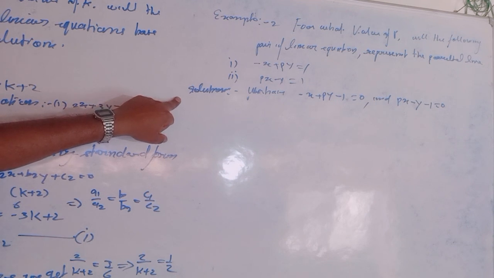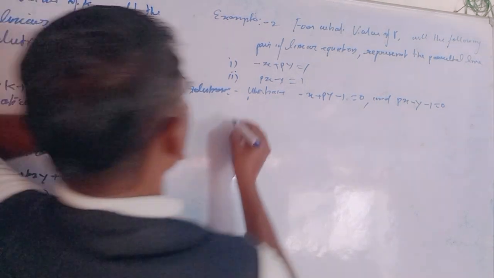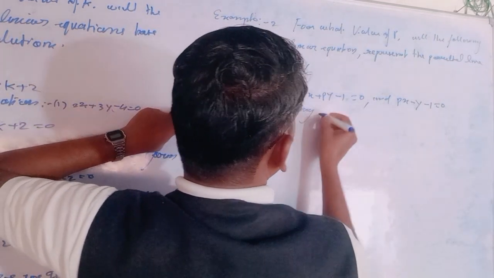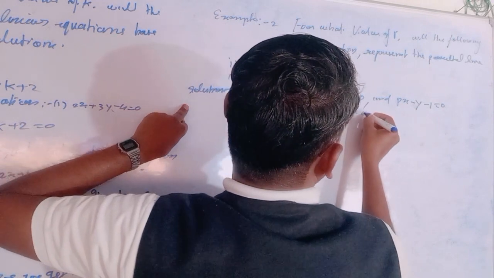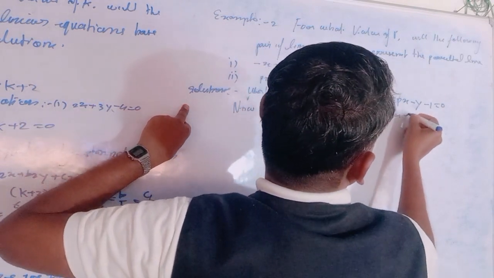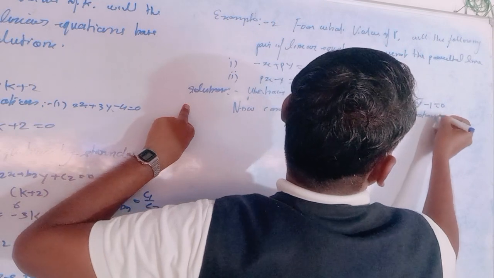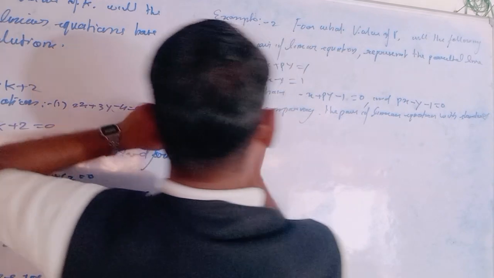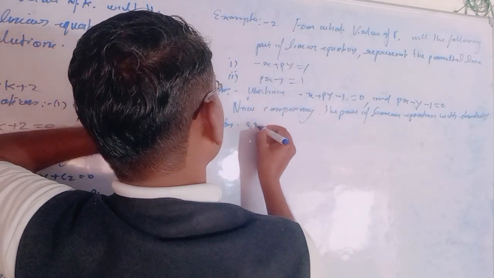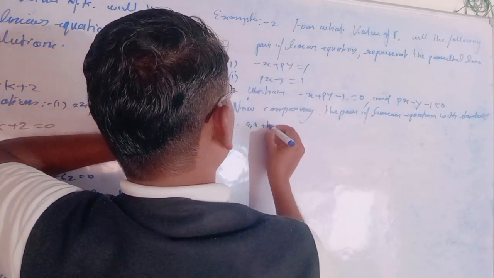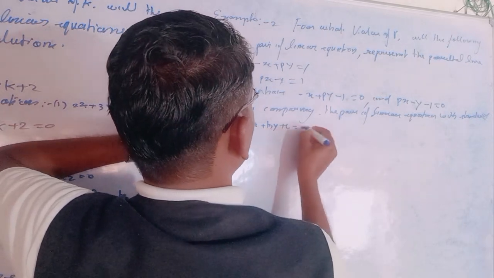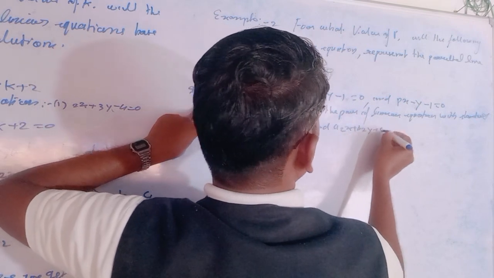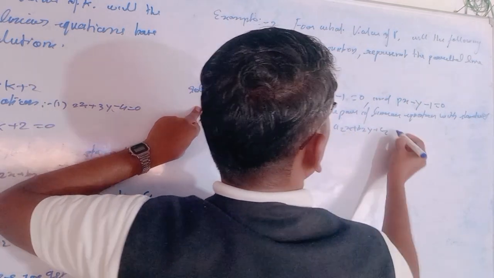Now comparing the pair of linear equations with the standard form a1x plus b1y plus c1 is equal to 0, and a2x plus b2y plus c2 is equal to 0.